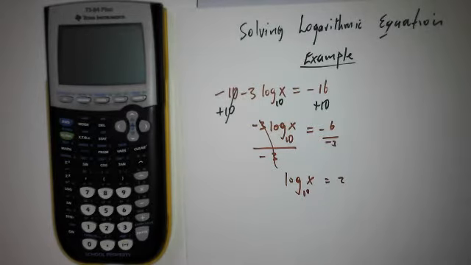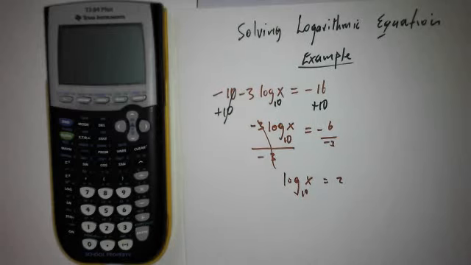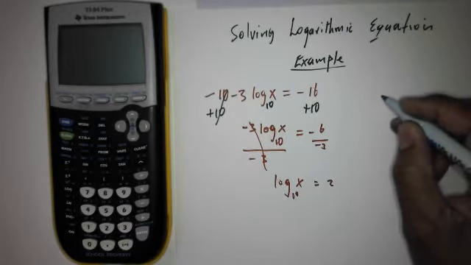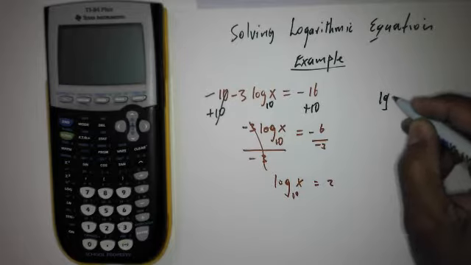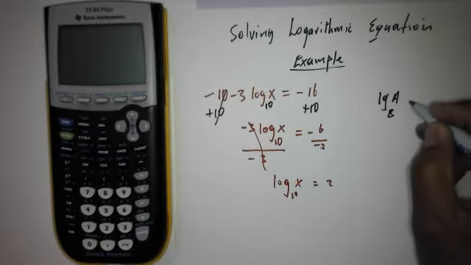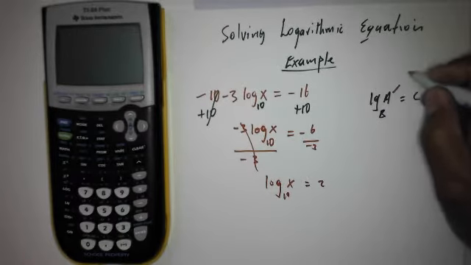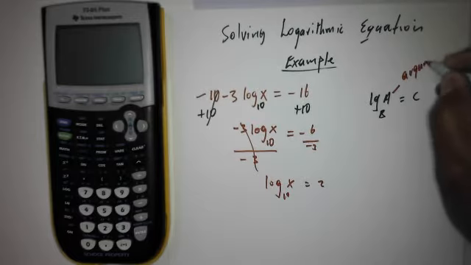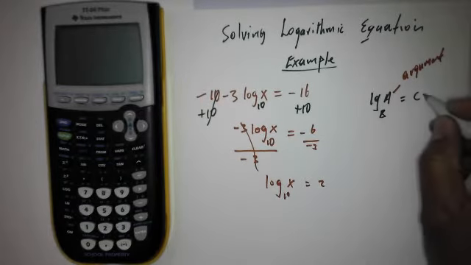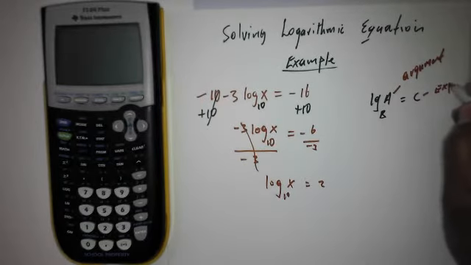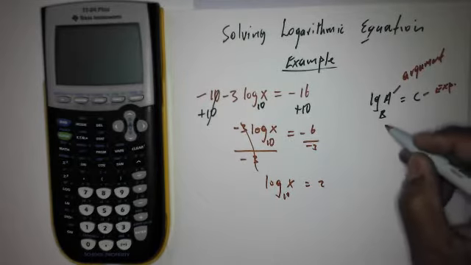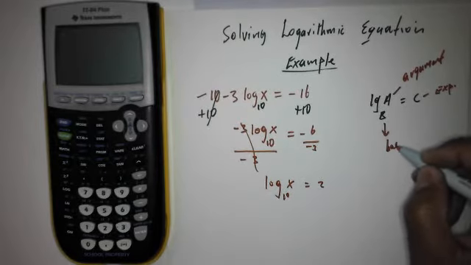Now this takes us to what we call the exponent law of logarithm. If I have log a base b equals c, this part is your argument, this is your exponent, and this part here is your base.